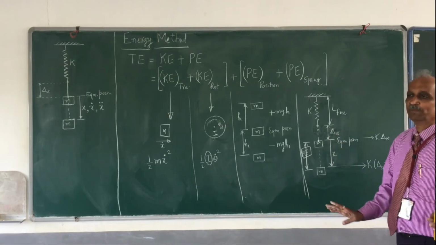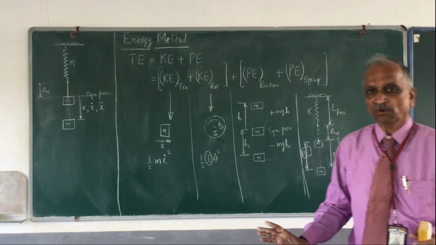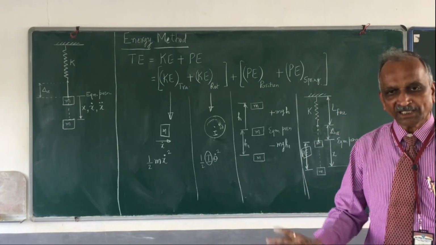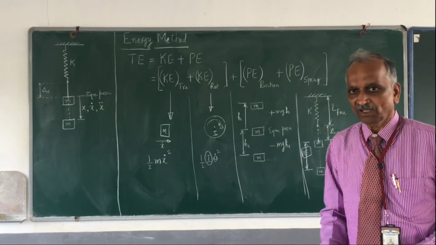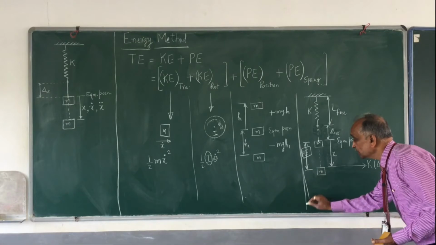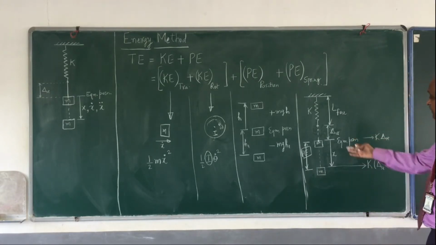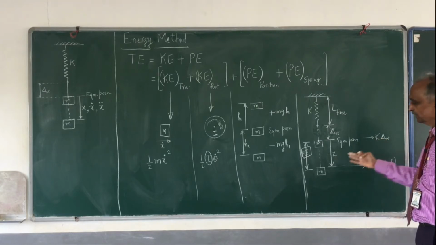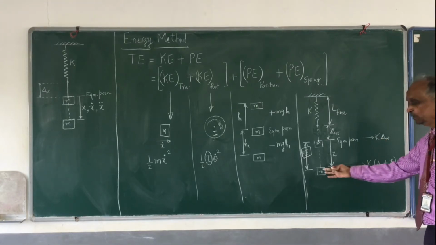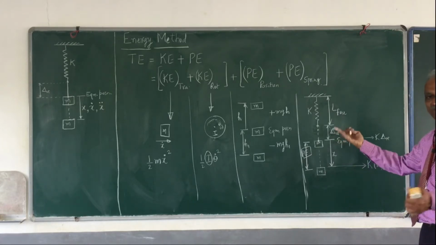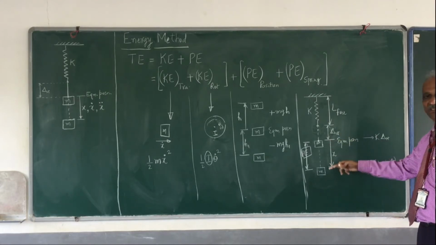Force multiplied by displacement is nothing but the work done, and that is the energy. But what force should I take? The force at this position is K delta St. By the time it reaches the new position, it becomes K into (delta St plus x). If it is somewhere in between, the force is different. The force is continuously changing.